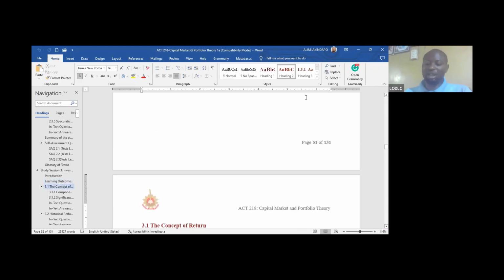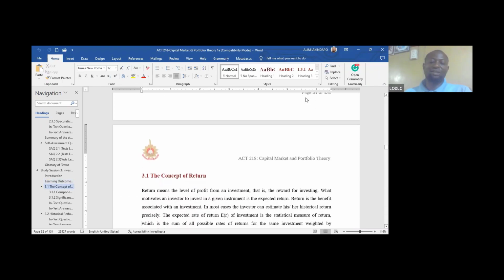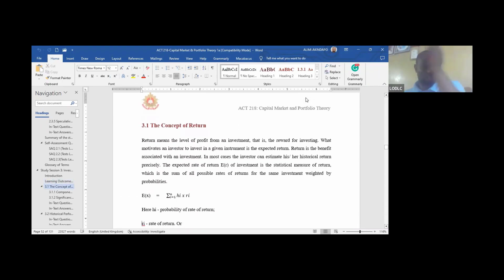So let's start with the first learning outcome, which talks about the concept of what? Return. Please try as much as possible to take your pen and your jotter, because we may try to jot something down. Return means the level of profit from an investment, that is the reward for investing.